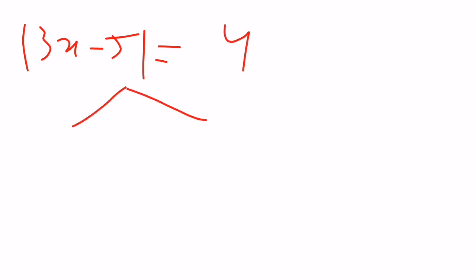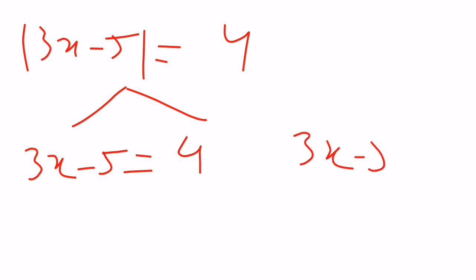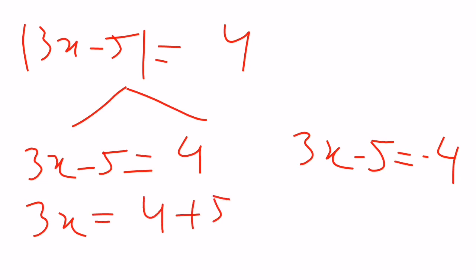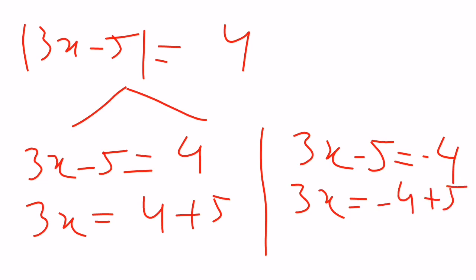So there are two cases: 3x − 5 is equal to 4, or 3x − 5 is equal to −4. So in the first case 3x is equal to 4 plus 5. In the second case, 3x is equal to −4 plus 5.